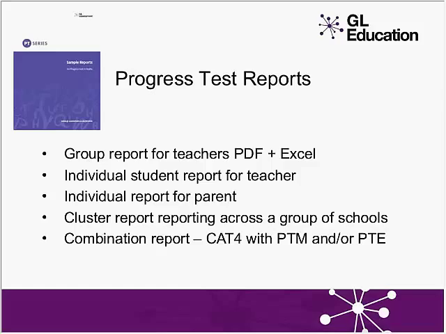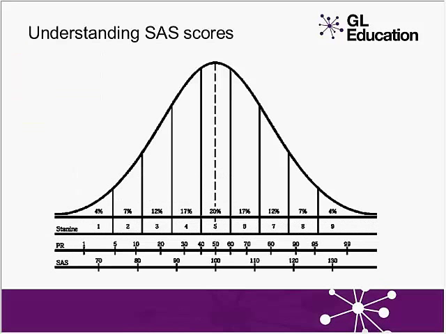Now, at this stage, I think it's important to just make sure that everyone understands what I mean when I talk about standard age scores, because, as I said early on in the presentation, these are standardised assessments, standardised on a sample of 35,000 students. So if you have a standard age score of 100, you are basically the same as 50% of those students that were within that sample.